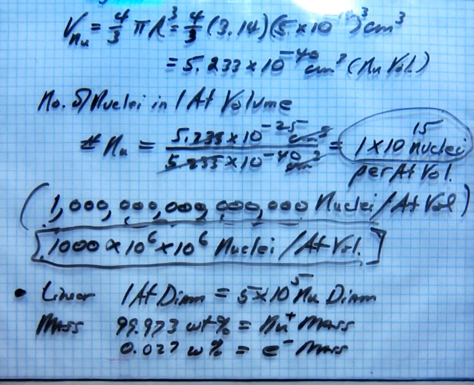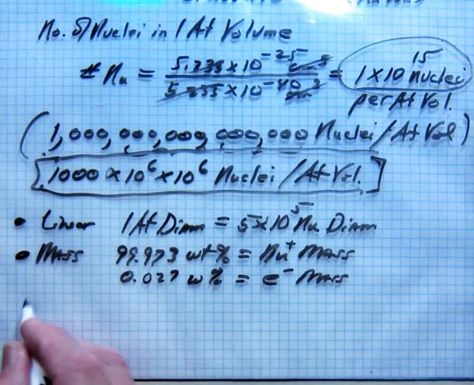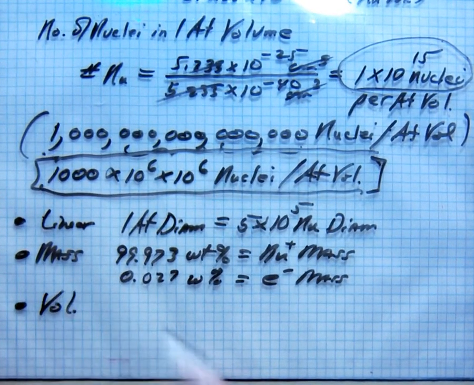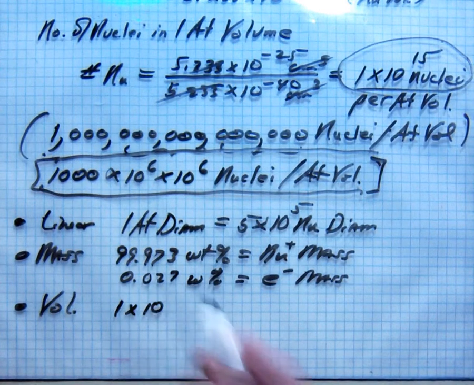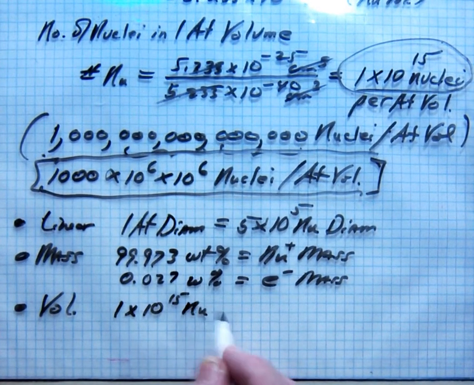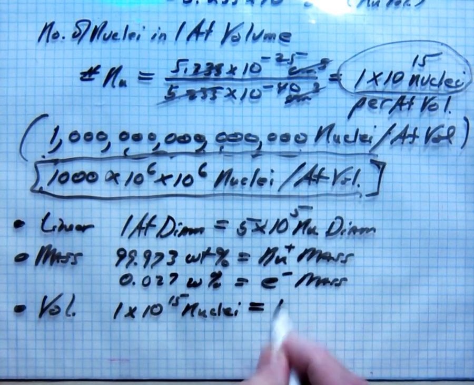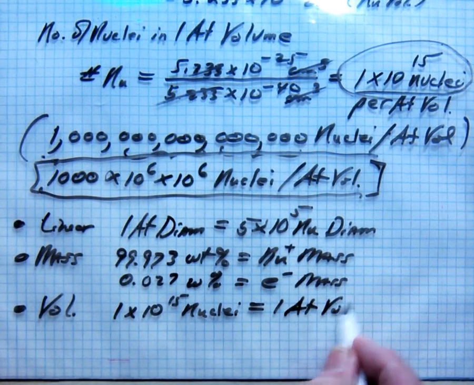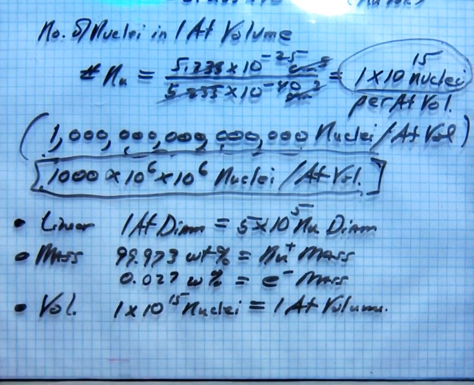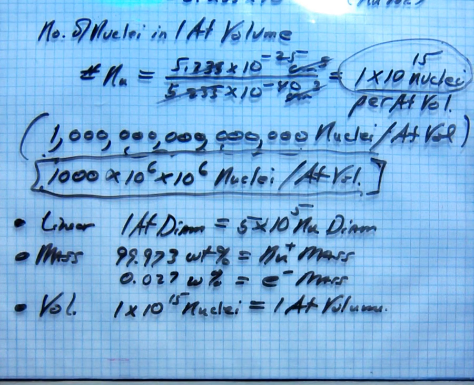The third was the volume relationship: 1 times 10 to the 15th nuclei equals 1 atomic volume. Those are not hard relationships to keep in mind. The problems will be generic: assume a 1 millimeter nucleus, what's the diameter of the atom? You have to remember 500,000 millimeters and then translate, and you'll have your answer choices like that.